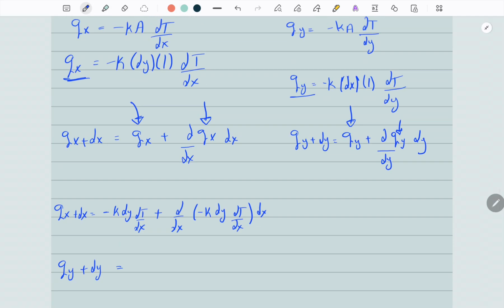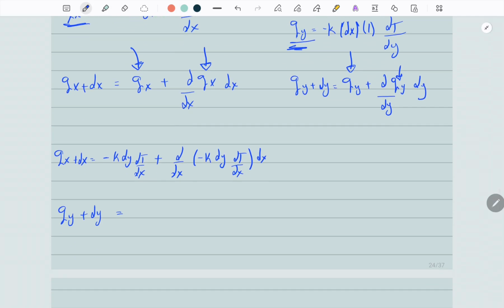It equals qy right there, which is negative k dx dT over dy, plus the differential of qy in terms of dy, negative k dx dT divided by dy.